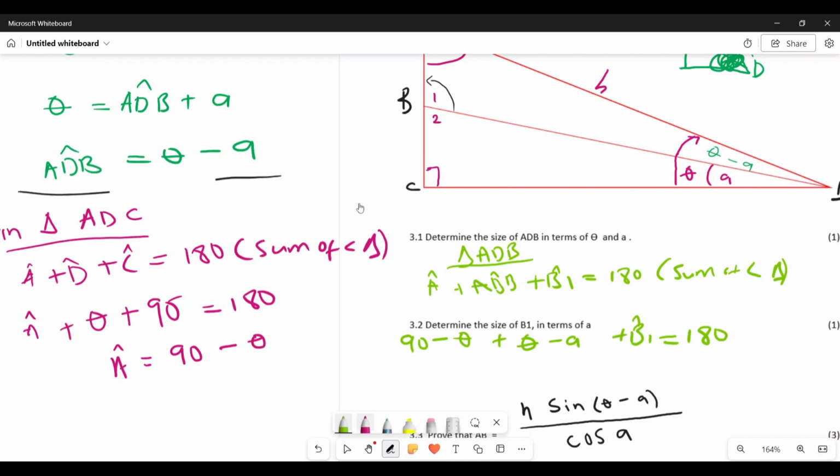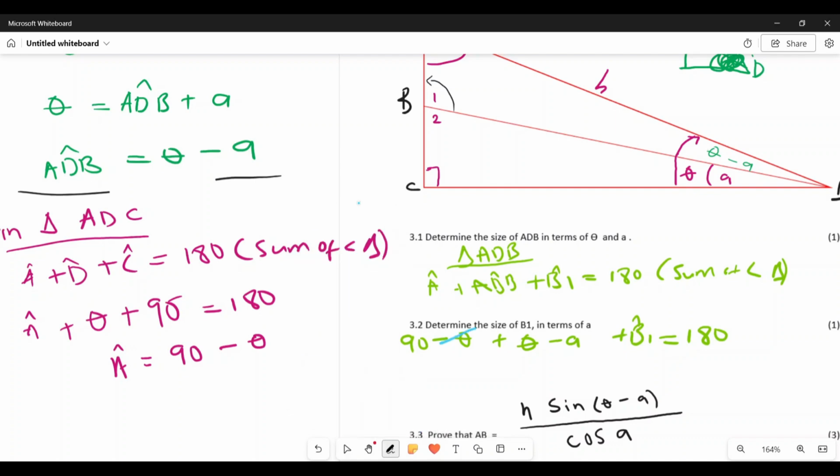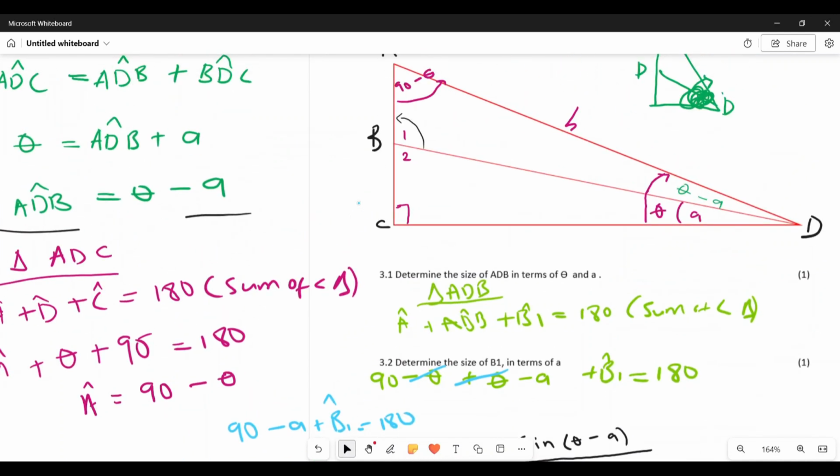Now I'm left with simplifying. If I simplify here, these two cancel out with one another, and I'm left with 90 minus A plus B1, equal to 180. Now my B1 would be equal to, taking the 90 to the other side, 180 minus 90, which is 90, and taking the A to the other side it becomes positive. So B1 is 90 plus A.